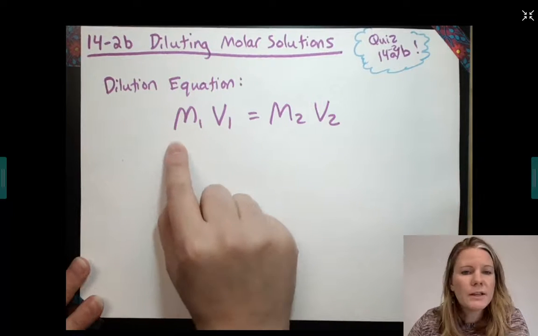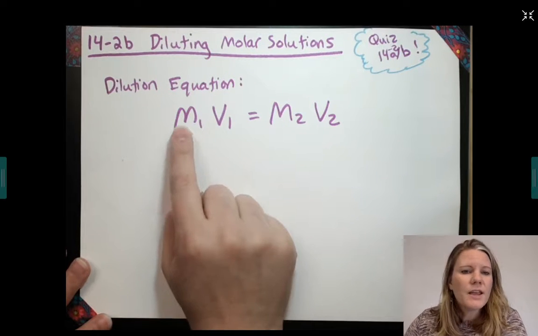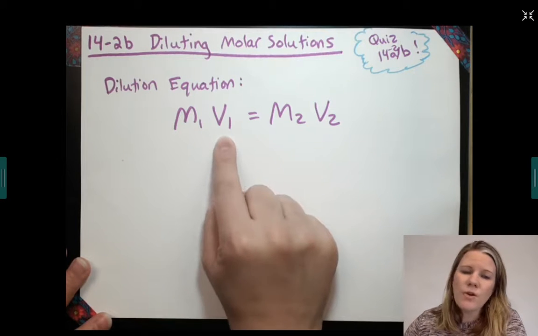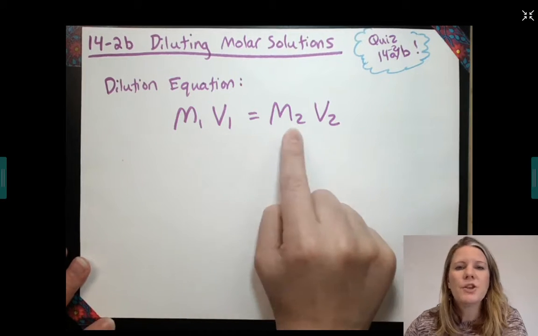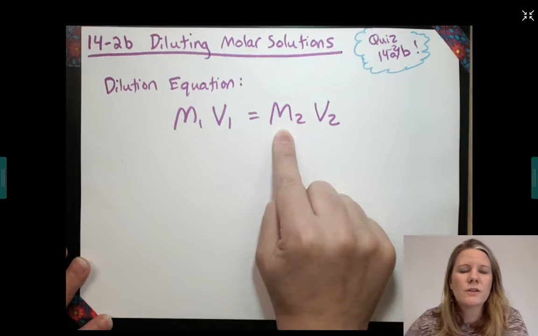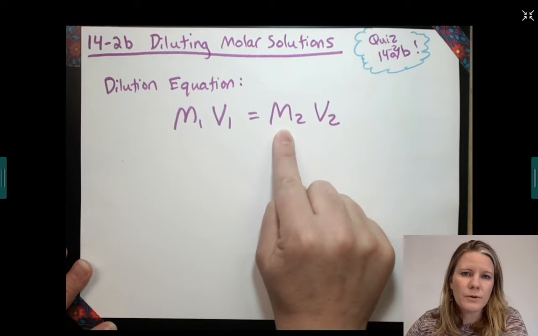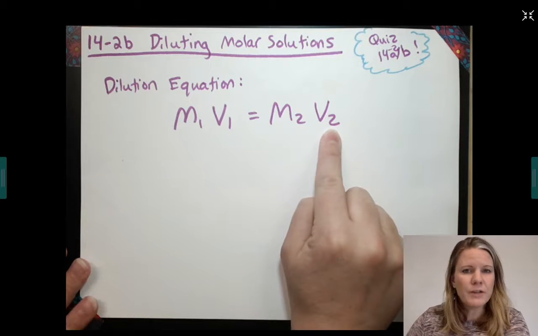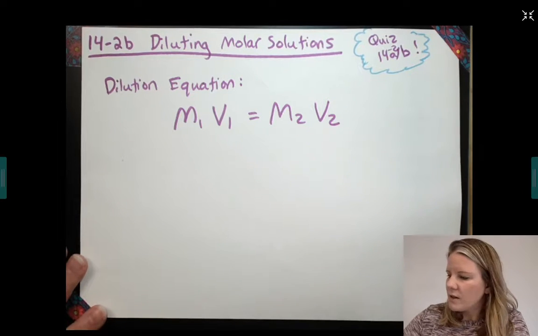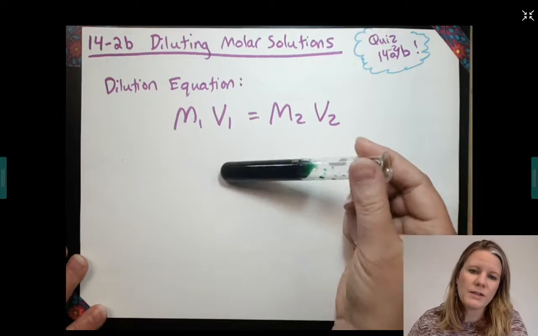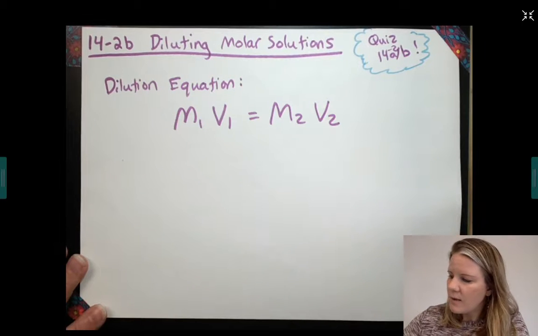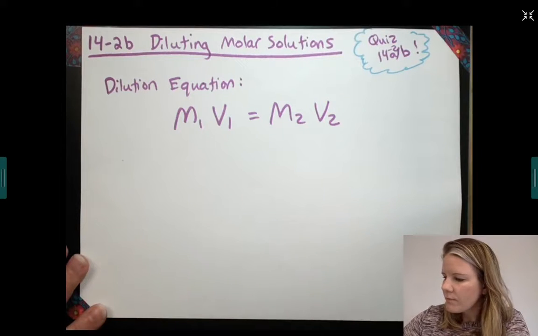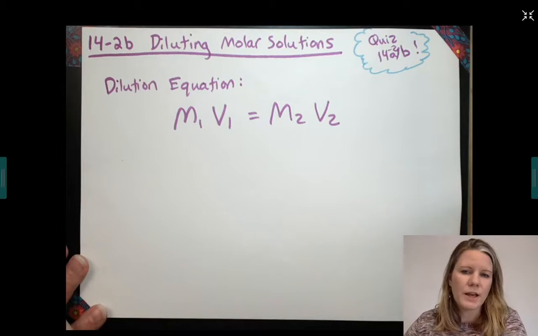So our dilution equation simply tells us that if you have initial molarity M sub 1 and an initial volume V sub 1, then you can dilute it to a smaller M sub 2 by using a bigger V sub 2, which is increasing the volume, which basically means adding more water to a stock like this to make it less concentrated into a stock like this that I can then use in a chemical reaction.